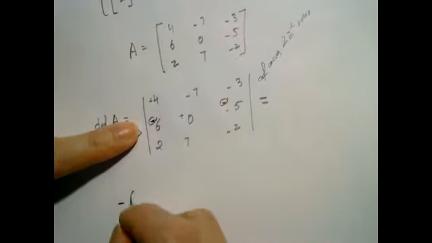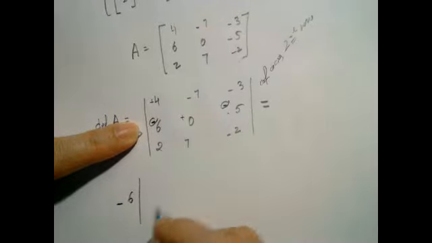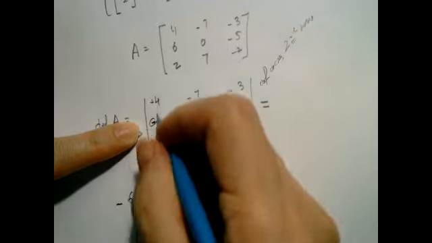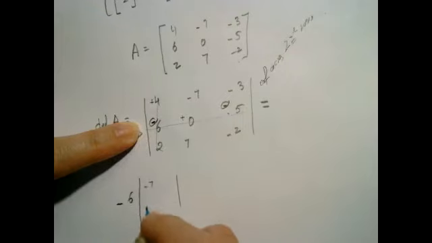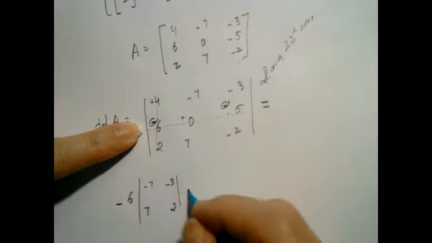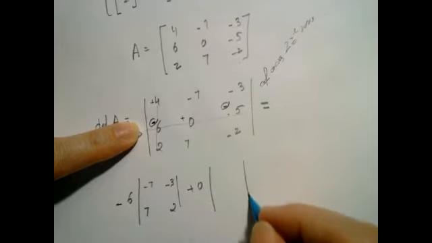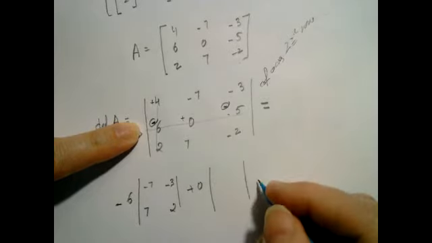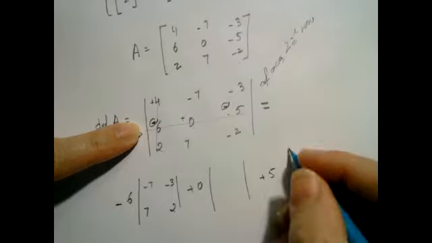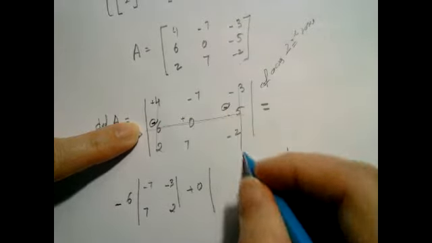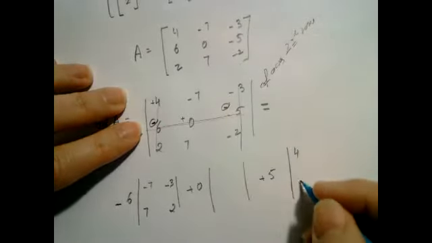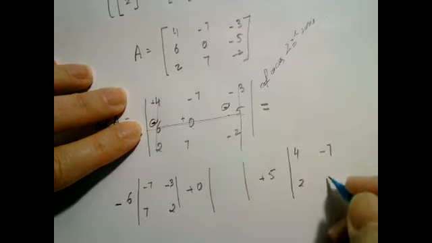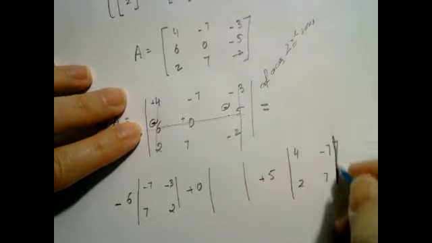I'm going to have minus 6 times the determinant of this matrix, minus 7, 7, minus 3, 2, plus 0 times something, we don't care, and then minus, minus, plus 5 times the determinant of what's left, which is 4, 2, minus 7, and 7.